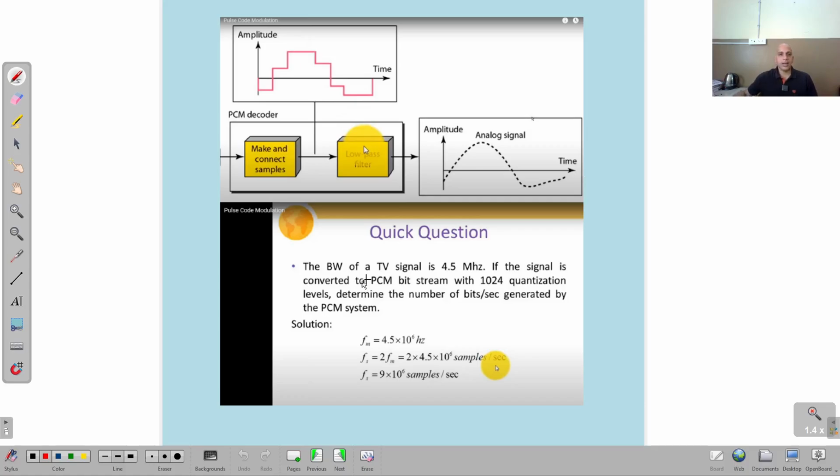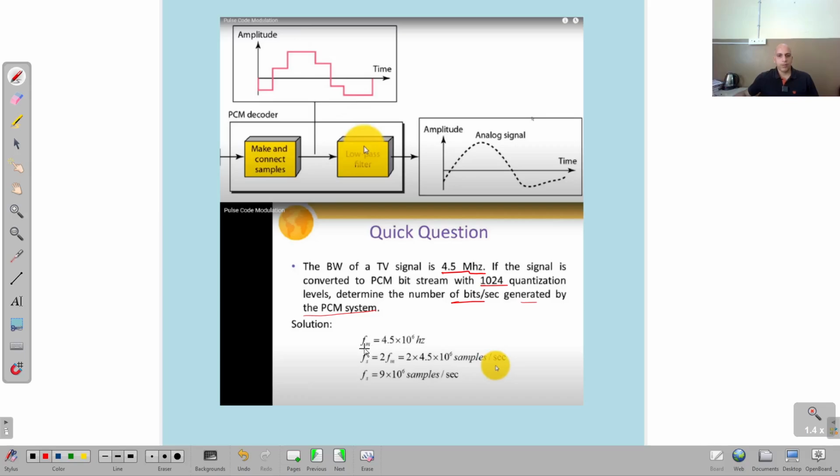Now here I have taken a question. The bandwidth of a TV signal is 4.5 megahertz. If the signal is converted to a PCM bit stream with 1024 quantization levels, determine the number of bits per second generated by the PCM signal.